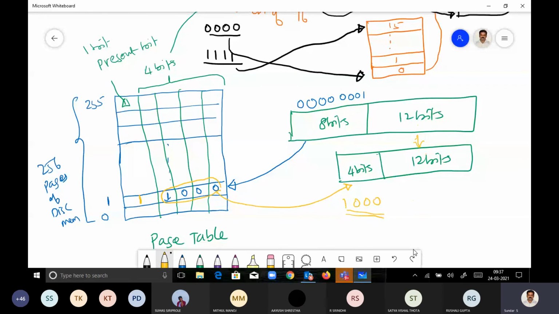So what the designer has done is he has created one table, and for that he has divided main memory and disk memory into pages. That number of pages information he has used to construct the table, and the table is called the page table.